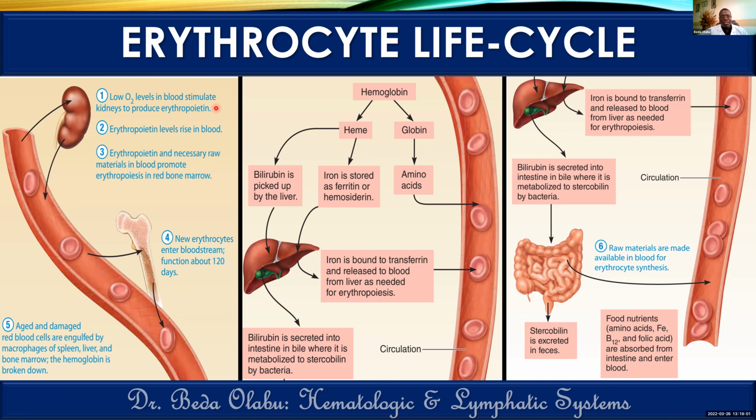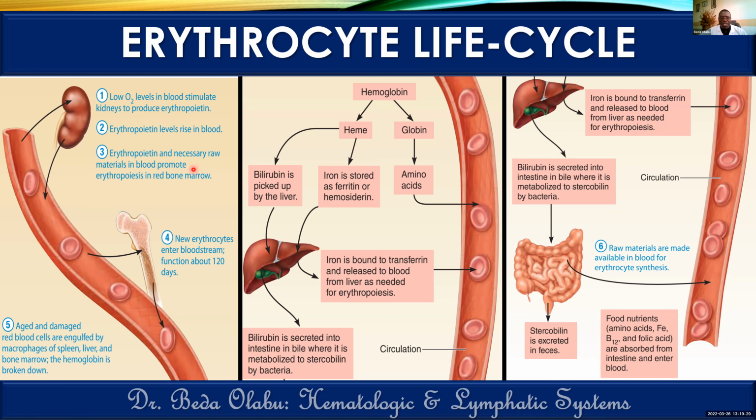Erythropoietin is the hormone that stimulates the synthesis of red blood cells. So once released into the circulation, erythropoietin acts on the bone marrow. Of course, there will be other things that are also important in the synthesis of red blood cells, besides erythropoietin.